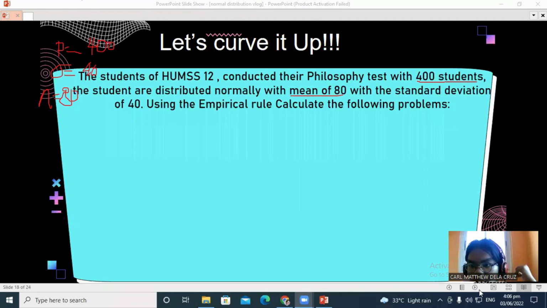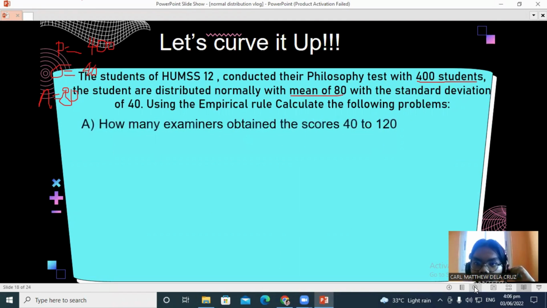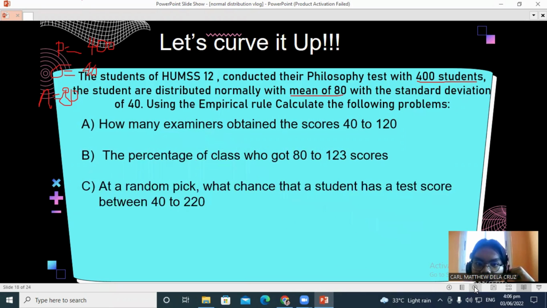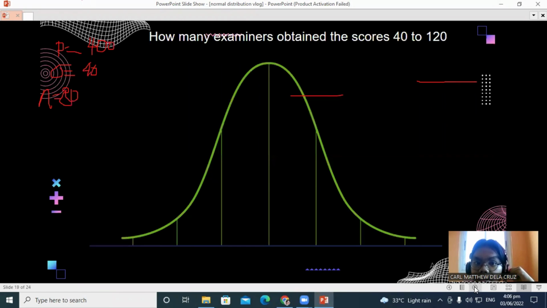So this is the question that we need to solve. How many examinees obtained 40 to 120 scores? What percentage of the class got 80 to 120 scores? And at random pick, what is the chance that a student has a test score of 40 to 220? Okay? Let us now prepare our Gaussian curve.